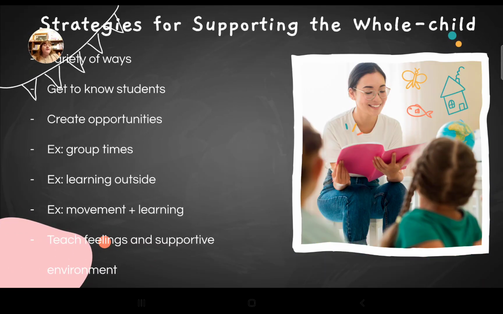So there are a variety of ways that children can be supported in the classroom. One of the main ones is for teachers to get to know their students and interests in order to know how they learn best. And teachers can create opportunities for children to use both sides of their brain, which include but are not limited to examples like having group times, going outside to learn more, and adding movement into their learning, which can be a great strategy for them to remember and to be curious and engaged in their learning.